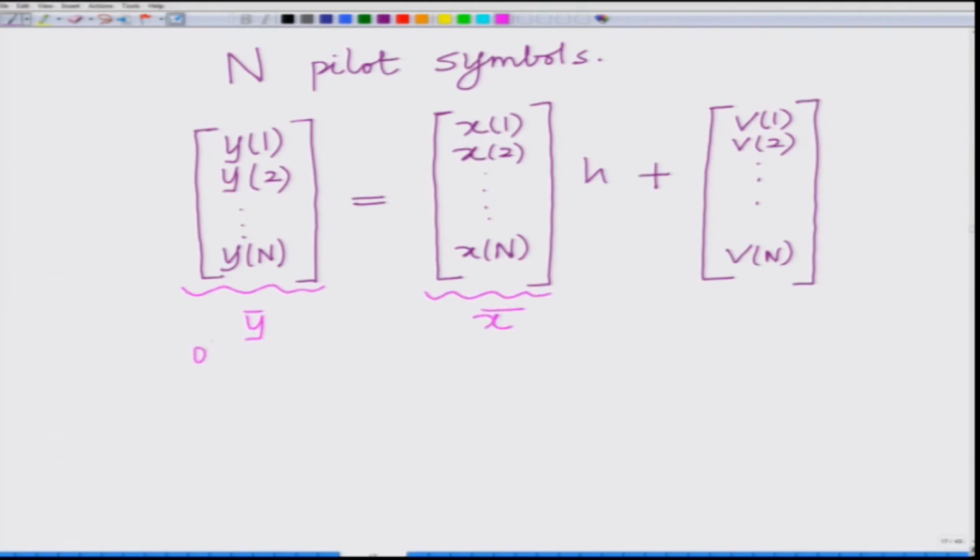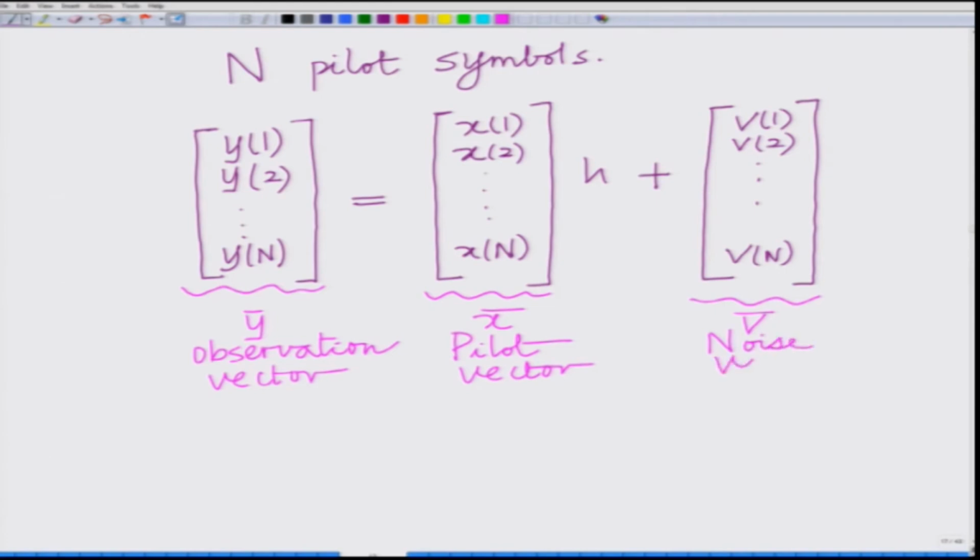So, the system model for the estimation is you have your vector y bar, this is the observation vector, this is your pilot vector, and this is v bar, which is your noise vector, and this is your channel coefficient h.